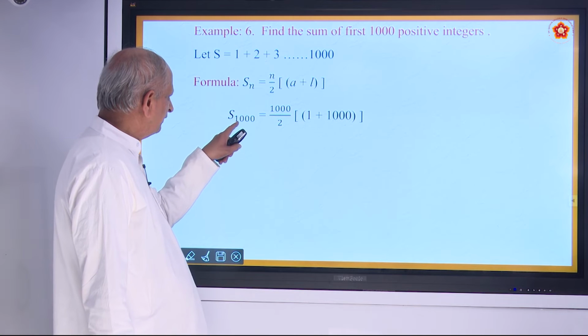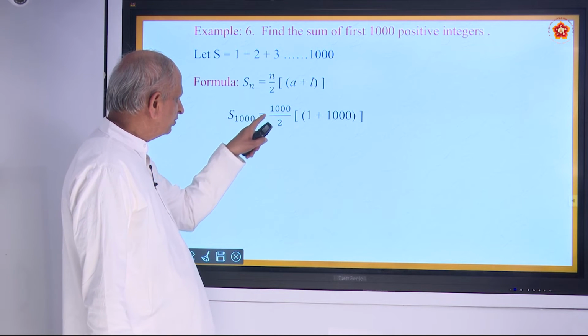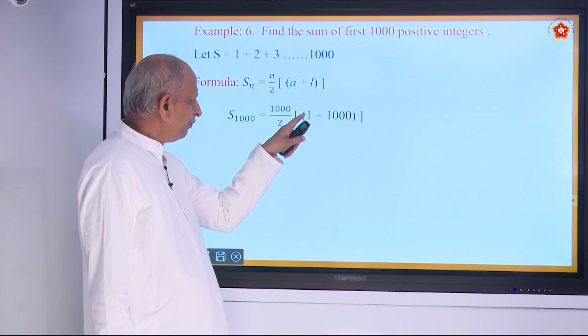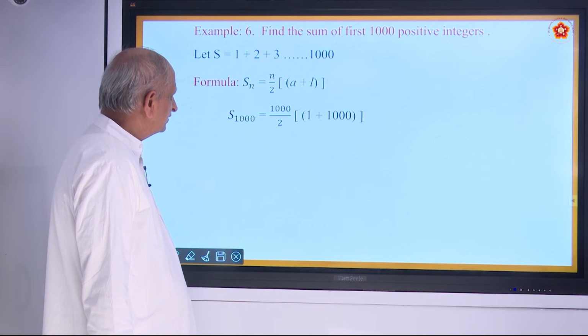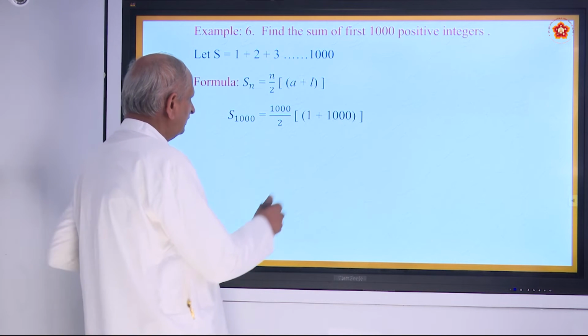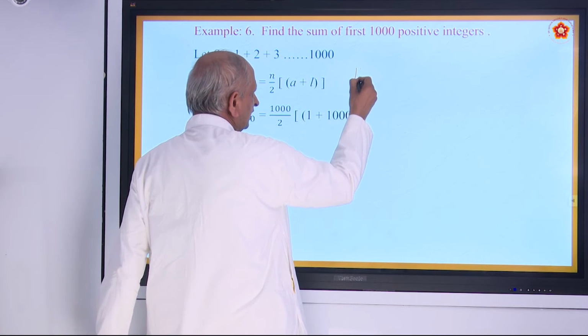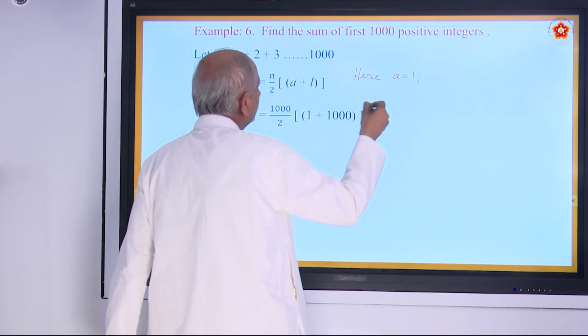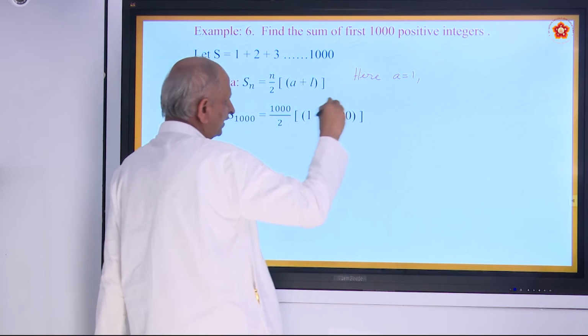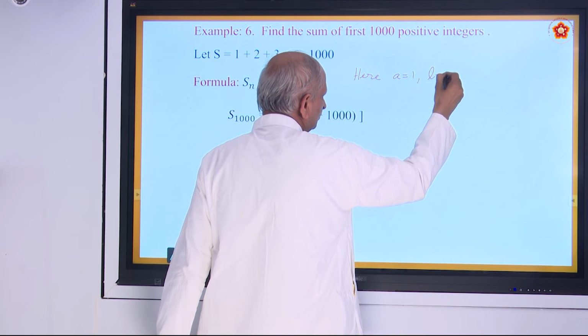So Sn equal to means S1000 is equal to 1000 by 2 into 1 plus 1000. 1000 because last term is 1000. Here A is equal to 1. Then L is equal to 1000, last one.